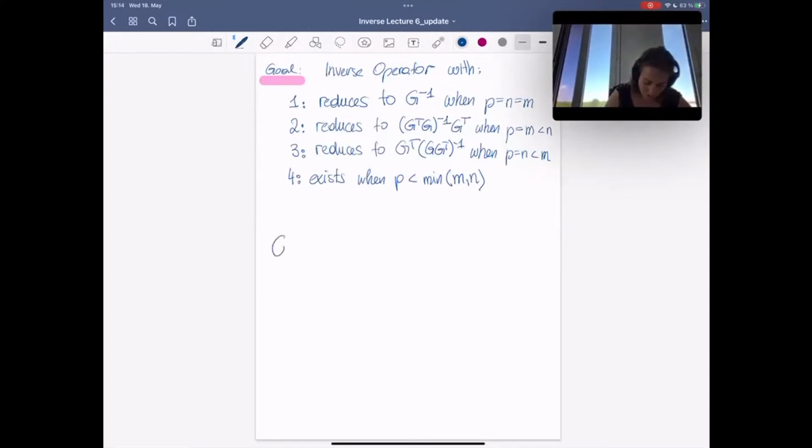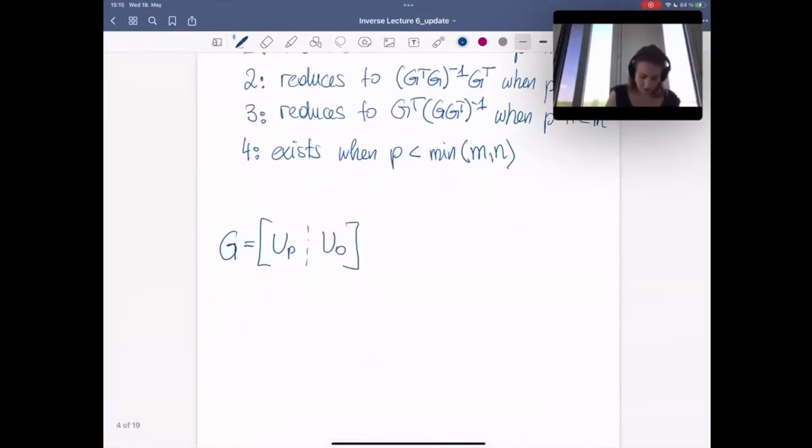So we have a matrix G. And actually, in this dimension, it has length p. This guy here has length n minus p. Up here, we have n entries.